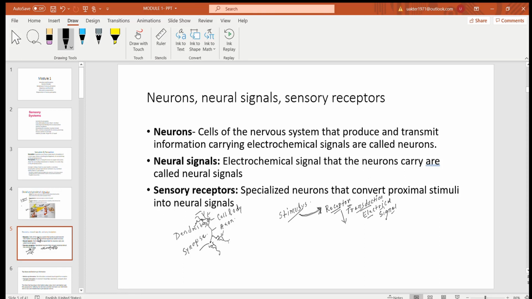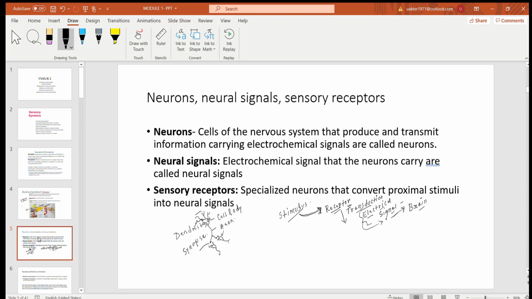And this transduction is extremely important, because without signal transduction, the signal will not be sent to the brain. You know that from the receptors the signal is sent to the brain. However, your nervous system can transmit the signal by electrical means. So whatever the stimulus, it could be mechanical, chemical, or electrical, it must be converted to electrical signal.